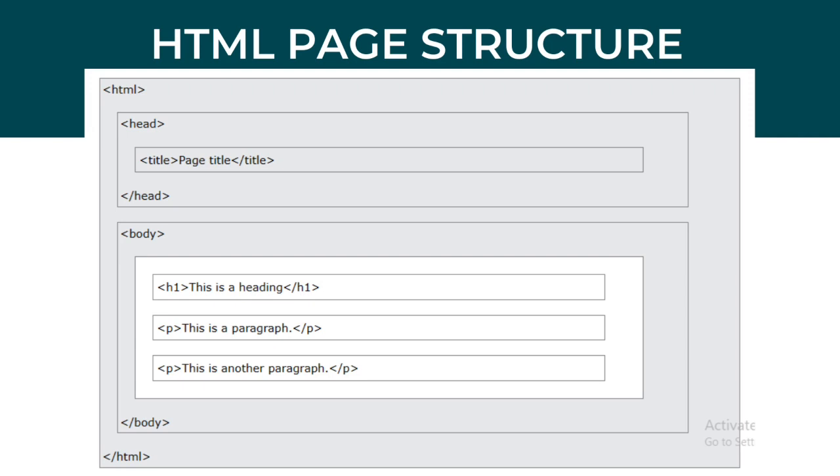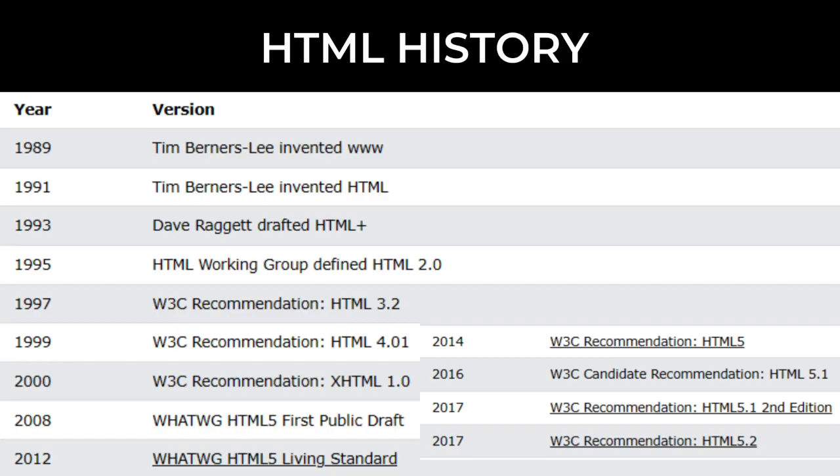Then after the head tag, we use the body, where our content goes. That means where we write headings, paragraphs, and many other things. Now let's note that the content inside the body section is displayed in the browser. The content inside the title element will be shown in the browser title bar or in the page's tab.